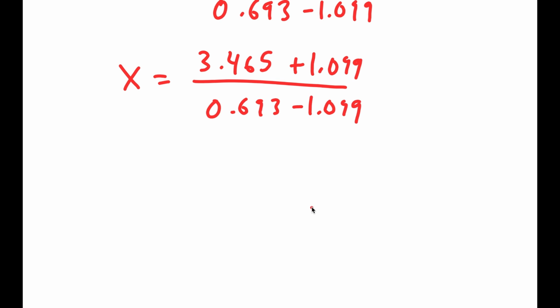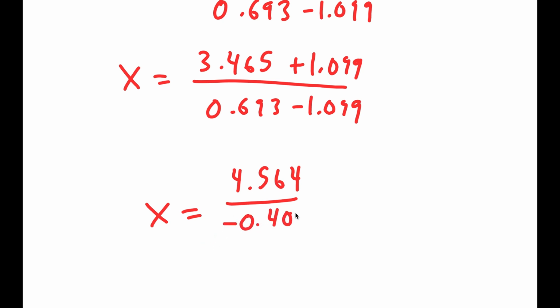So now 3.465 plus 1.099 is equal to 4.564, and I have this over 0.693 minus 1.099. So 0.693 minus 1.099 is equal to negative 0.406.